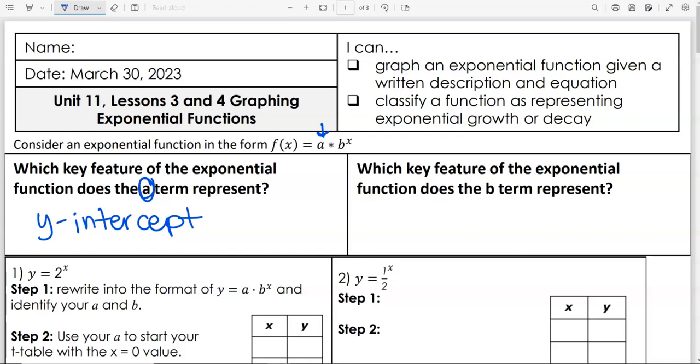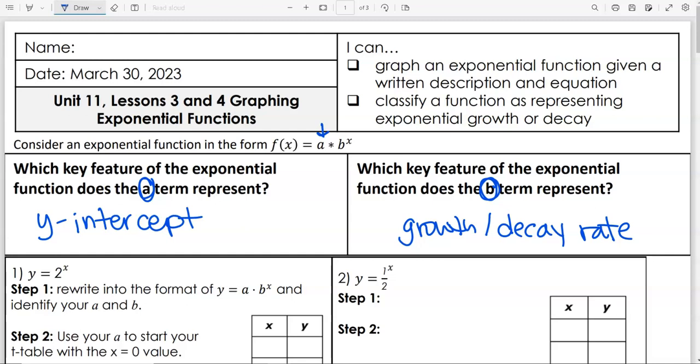Which key feature of the exponential function does our b term represent? Kind of the slope. It's going to be the growth or decay rate.